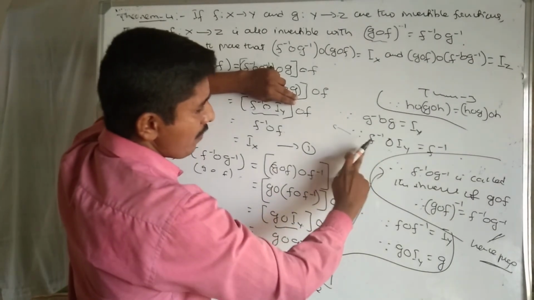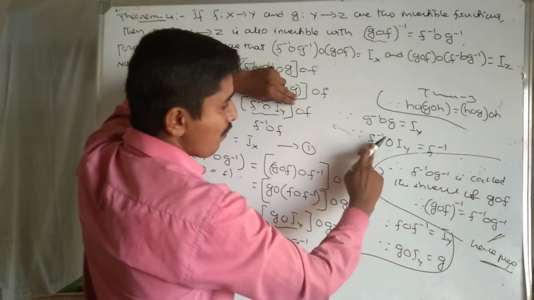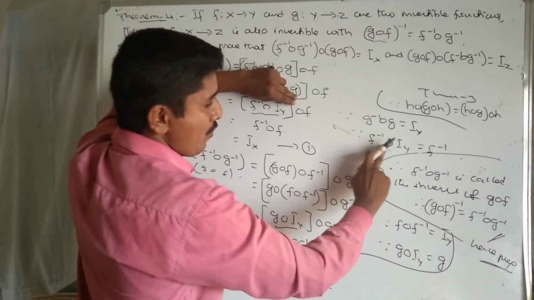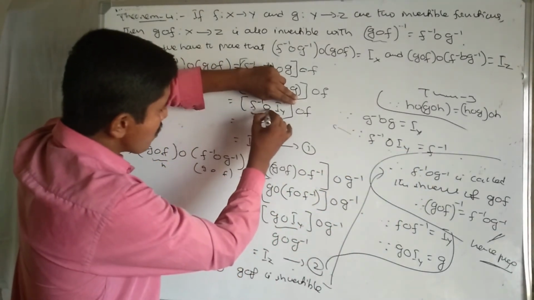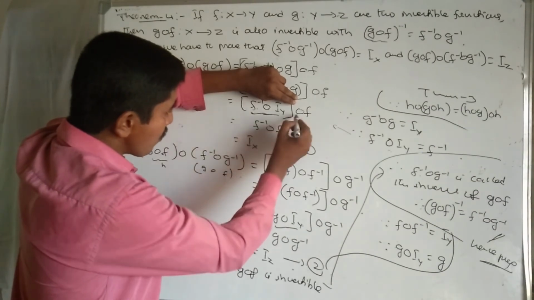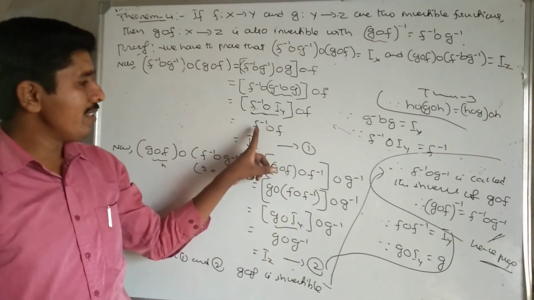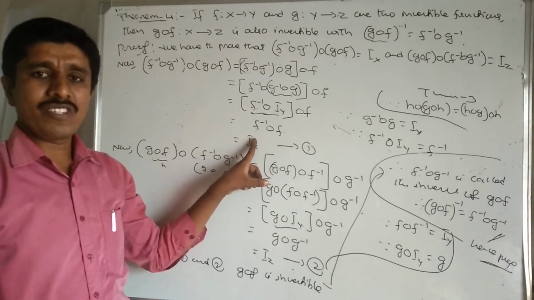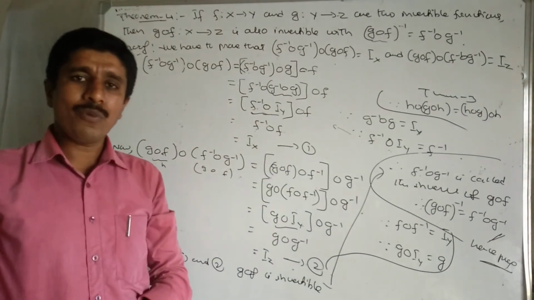The composition of any function with the identity function is equal to the function itself. F inverse o I equals F inverse o F. Since F is invertible, clearly F inverse o F equals the identity function, F domain X, called equation 1.